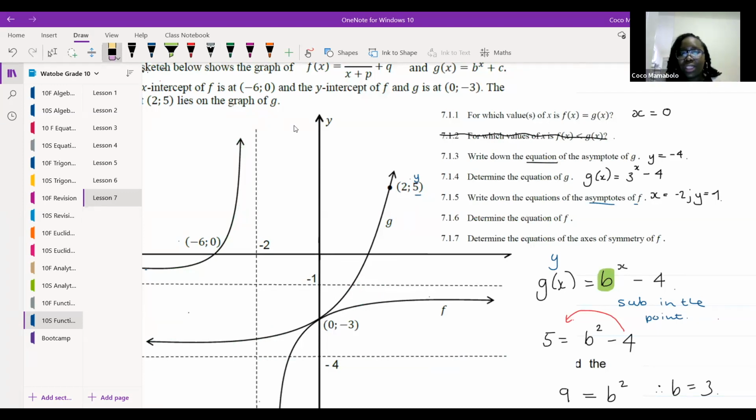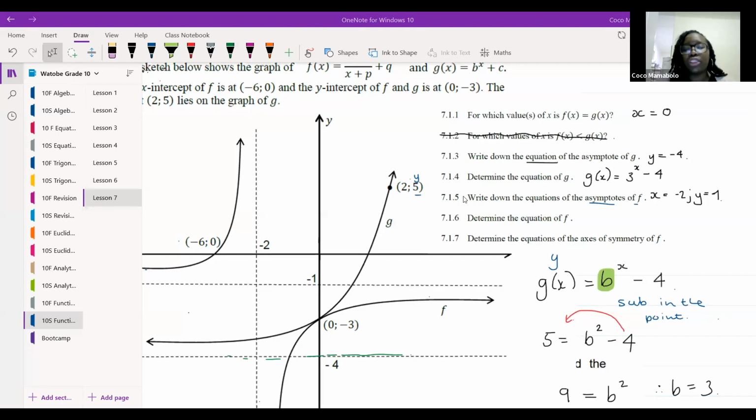So this -4 was for the exponential graph. At the moment, we're not talking about the exponential graph. We're looking at the hyperbola, and the asymptotes for the hyperbola are different. Okay, they are different.